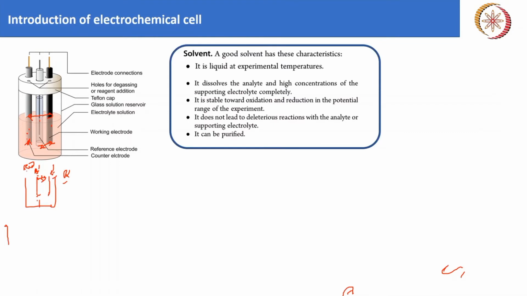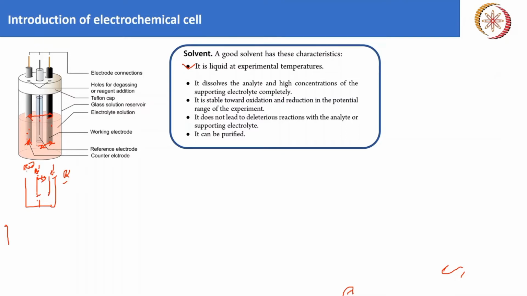Now the question is, what kind of solvent can you use for your experiment? A good solvent for an electrochemical cell or electrochemical analysis should be stable at the experimental temperature.